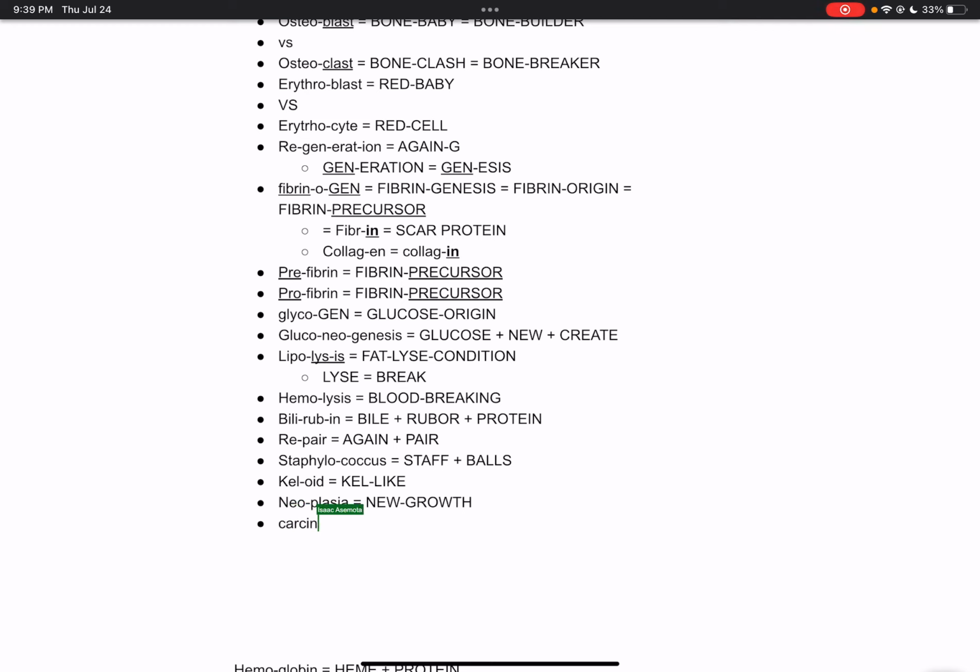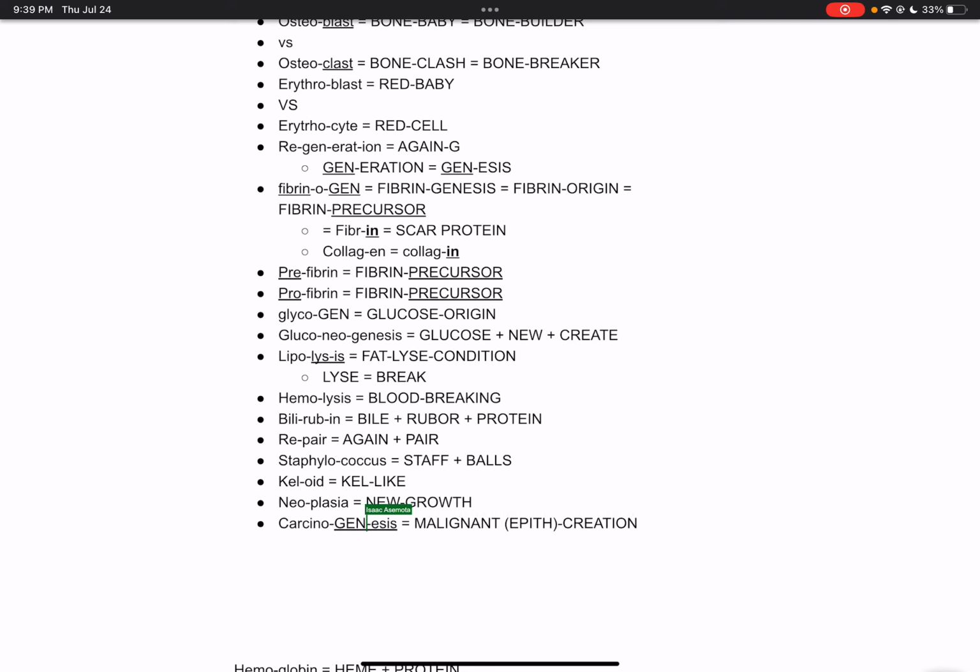Good. Carcinogenesis. Okay, that one should be easy for us now, right? Carcino means what? Malignant. Specifically, epithelial malignancy. But the main point is that it's malignant. That's the important part. And genesis means what? Creation. Actually, it's the gen that really means creation. Gen is the important part.